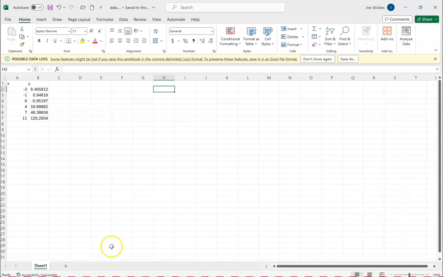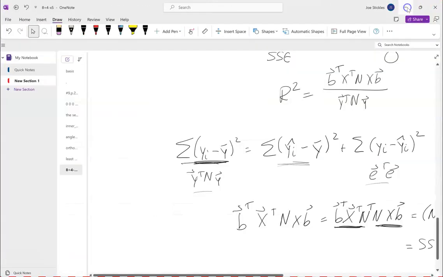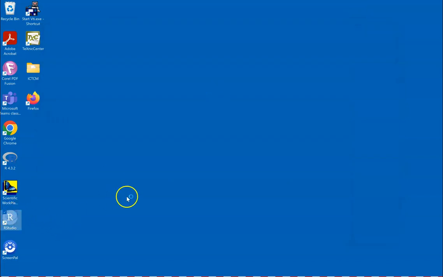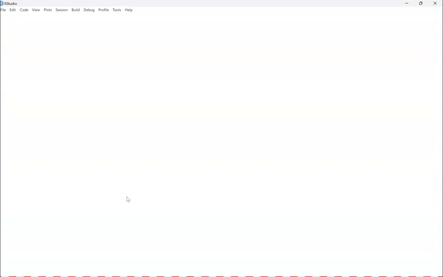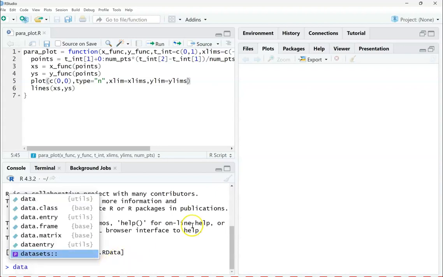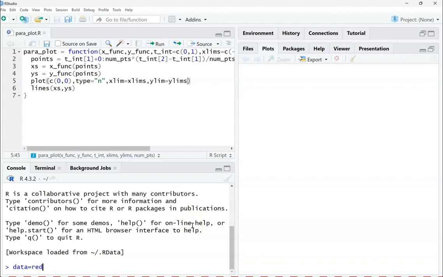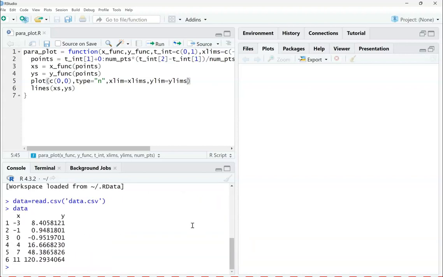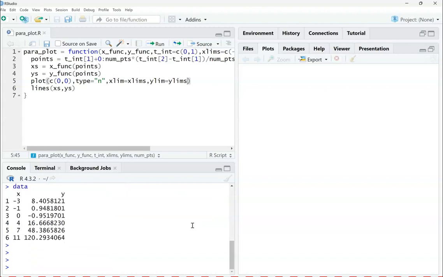All right, so if I can get back to my desktops and open R. All right, so I'm going to load that data I just made. All right, just to see that it really is in there. That was this file we just saved, right?